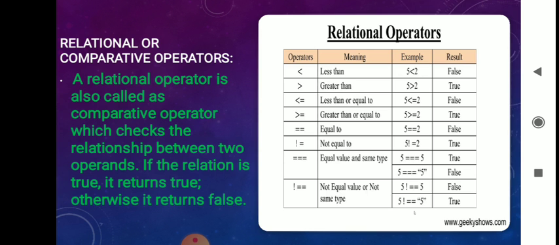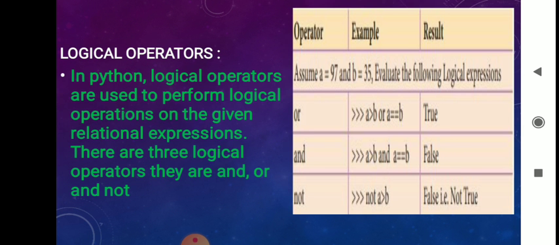Next we are going to see the logical operators. In Python, logical operators are used to perform logical operations on the given relational expressions. There are three logical operators: and, or, not.